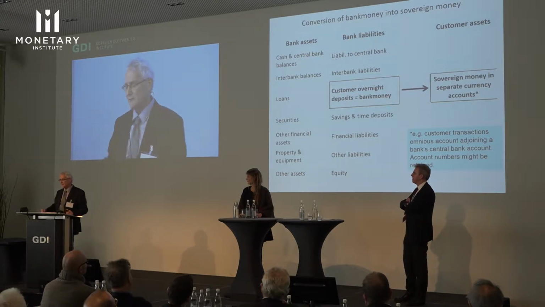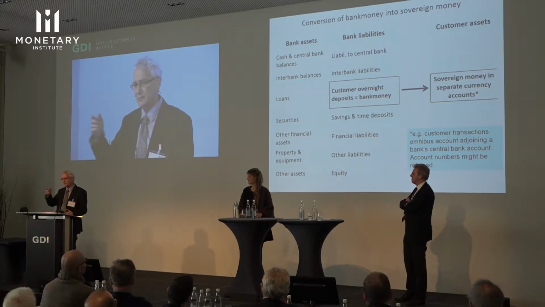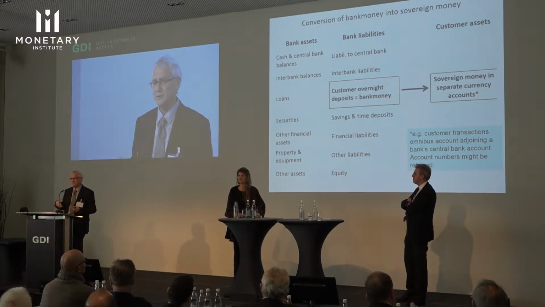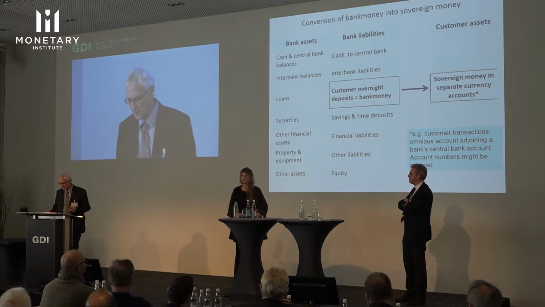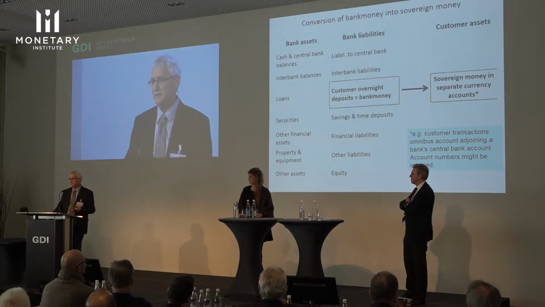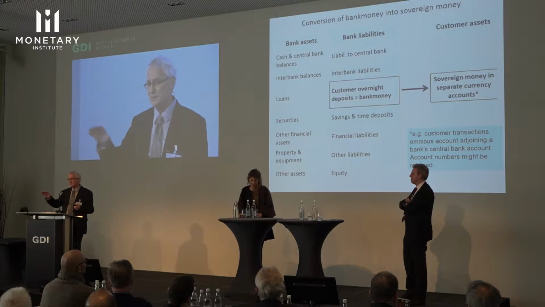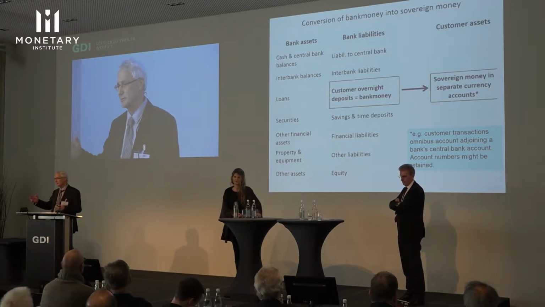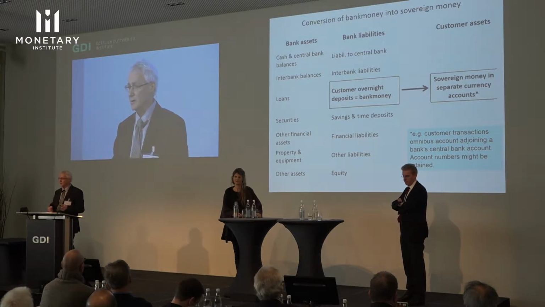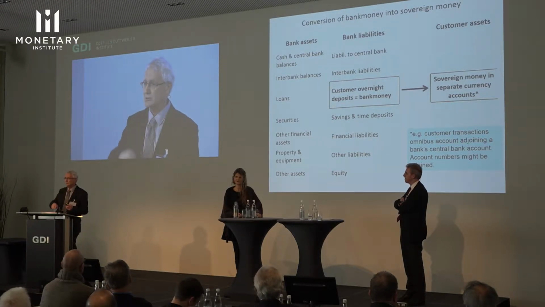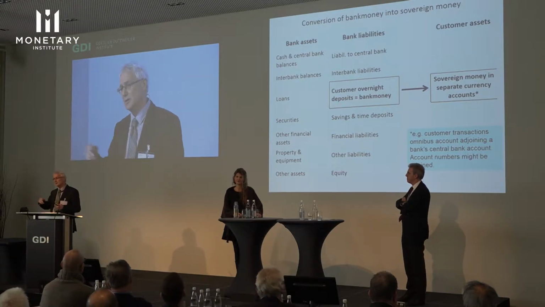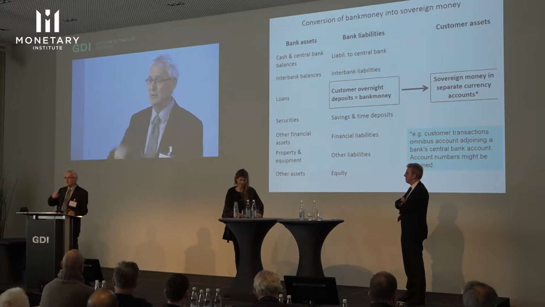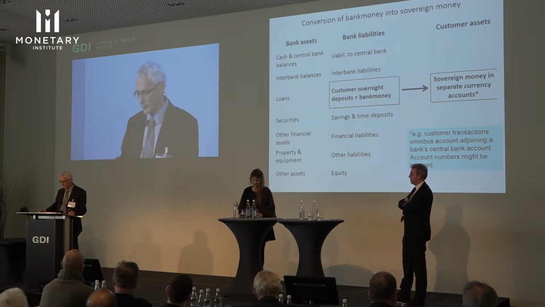Some people are calling for a central bank account for everyone. I think it's not likely to happen. There are different ways, two, three more ways of doing it. And one might be simply to have these sovereign currency accounts adjoining a bank's or other payment service provider's central bank account, off their balance sheet, so that they are able to be payment service providers, making payments in sovereign money.